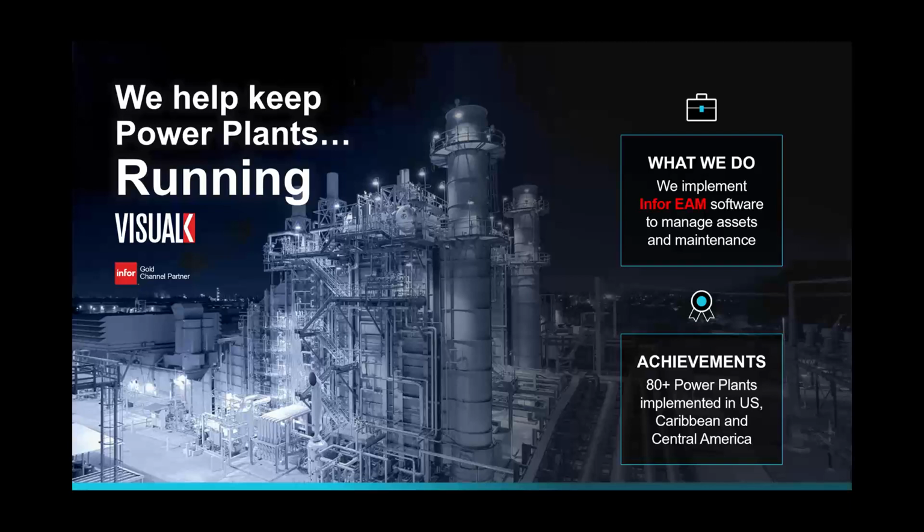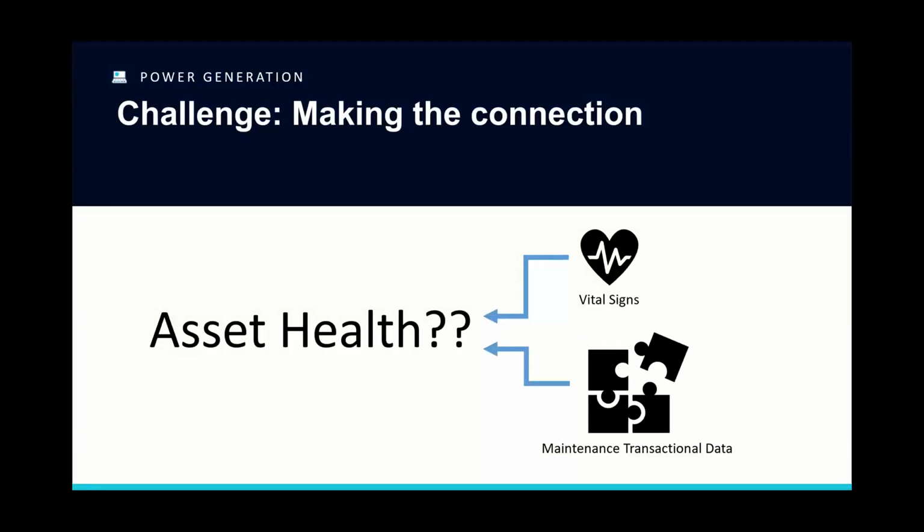But one thing that we noticed when we look at the power plants was trying to make the connection, right? If the ultimate objective of doing asset management is getting to understand what is the health of our assets, we see basically two options. We can hook up a turbine or an engine to a control system, and we can take the vital signs of how that turbine or engine is performing.